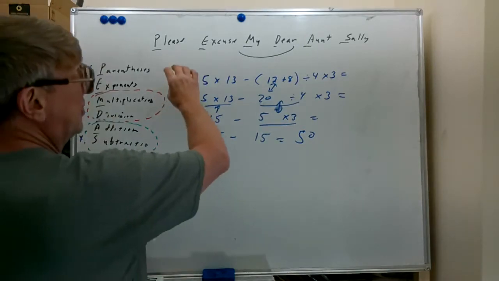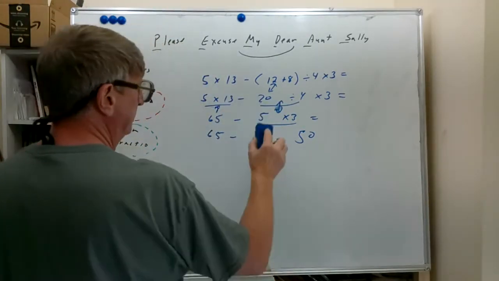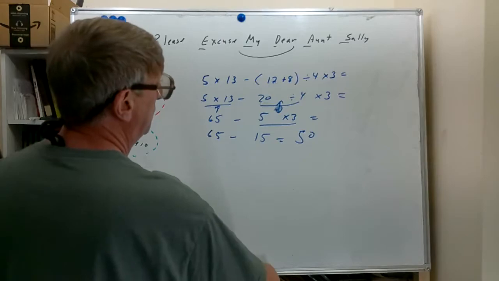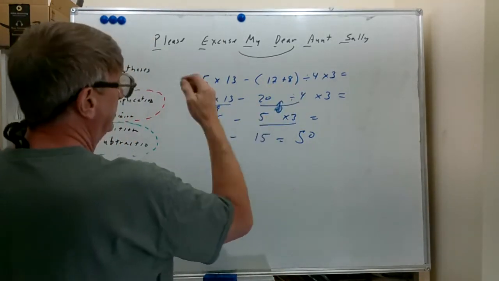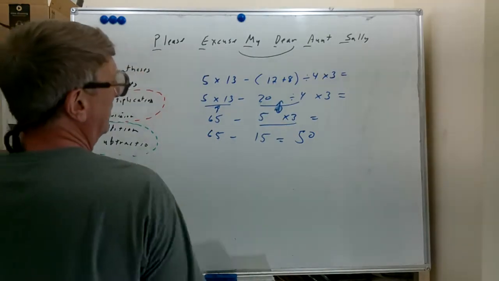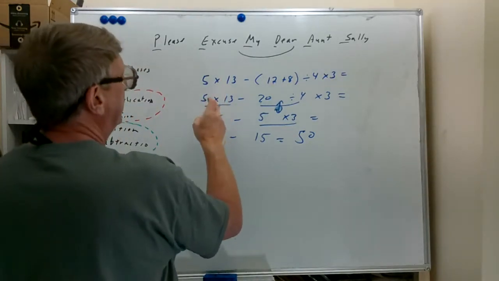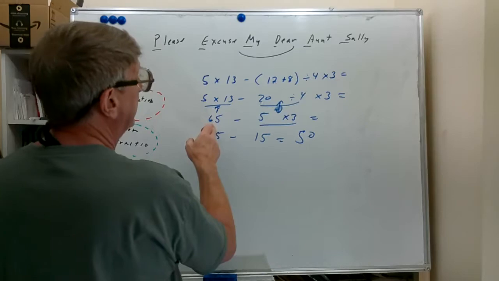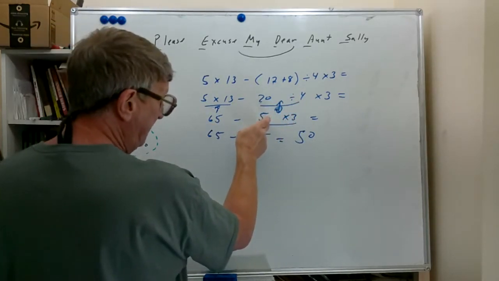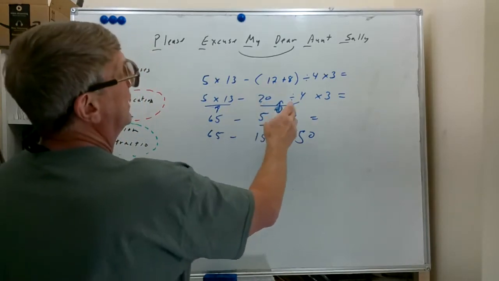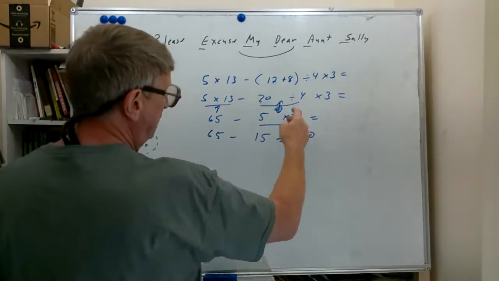So we started with this complicated string of numbers. We had a parentheses, so we did that first, made the 12 plus 8 into 20. Then we went through and did this multiplication, made that 65. Then we did this division and made that 5. And we brought this one just directly down.